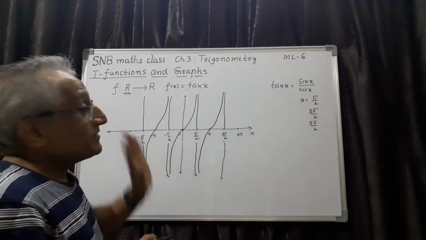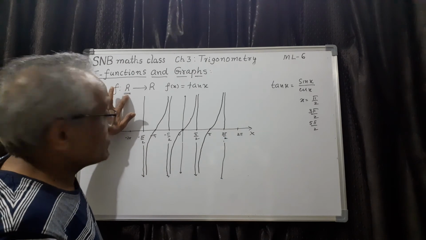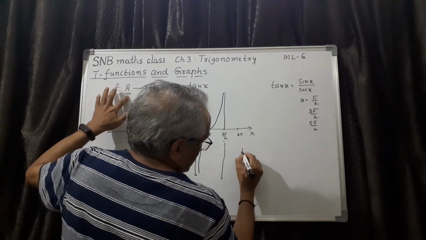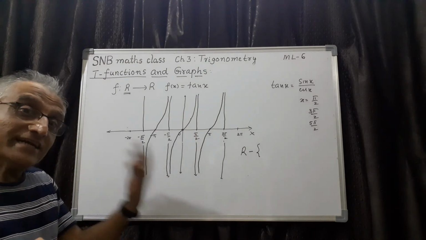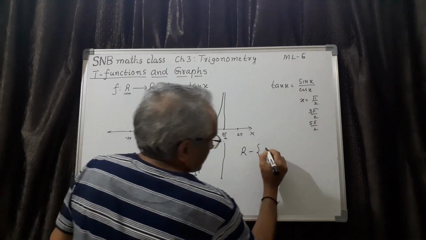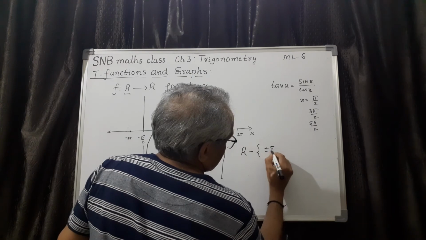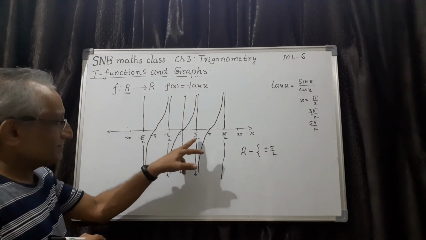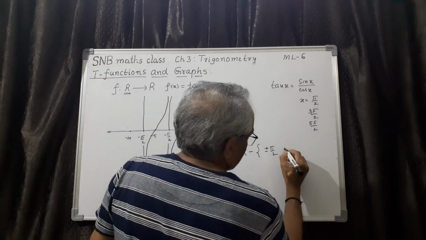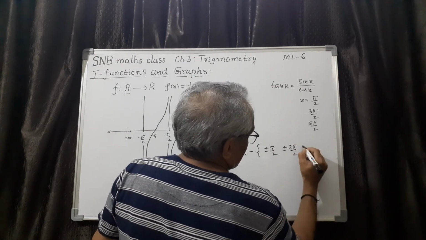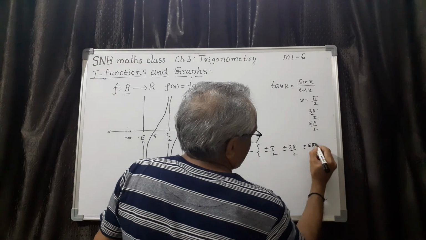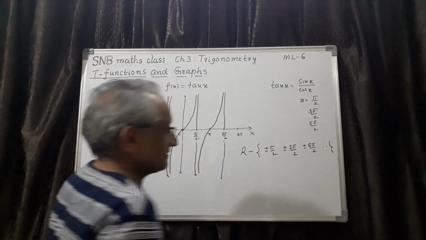So what is the domain therefore? Domain of this function is R minus. What are the values you have to take out? I have to take plus or minus pi by 2, both plus and minus. Similarly, I have to take plus or minus 3 pi by 2. I have to take plus or minus 5 pi by 2, like that. This is one method.